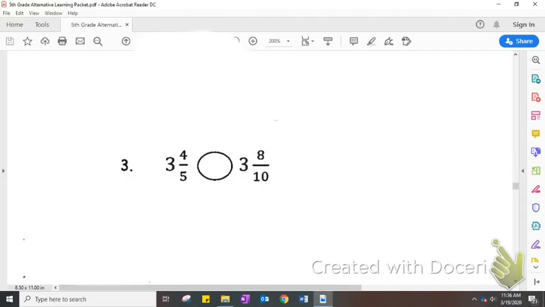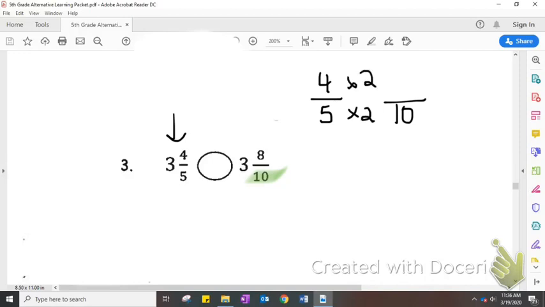One way to compare two fractions is to make sure that they have the same denominator. So, let's see, 10 is greater than 5, so let's worry about changing this one. 4/5, let's make it be a 10, like this fraction. To get from 5 to 10, we multiply times 2.